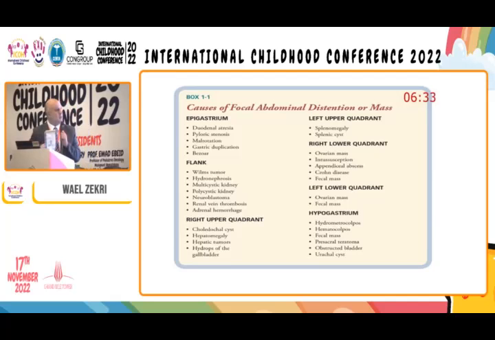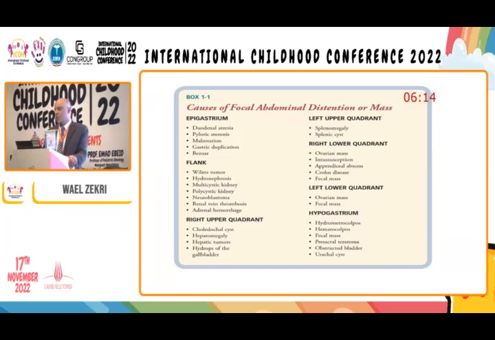In the left upper quadrant, we might have splenomegaly, splenic cyst. In the right lower quadrant, we might have ovarian mass or intussusception or something inflammatory. What I want to say is that in each part of the abdomen, I can find something benign or malignant.